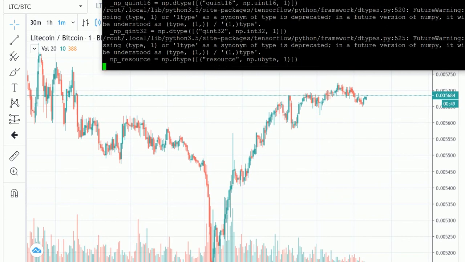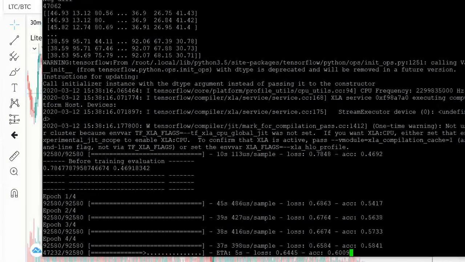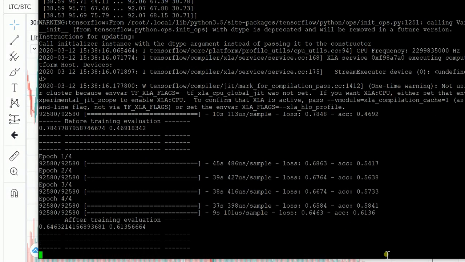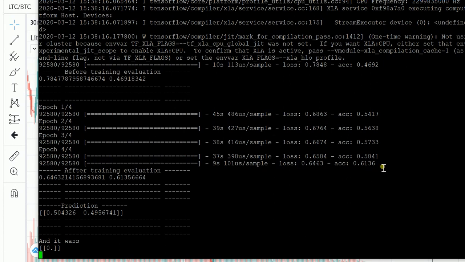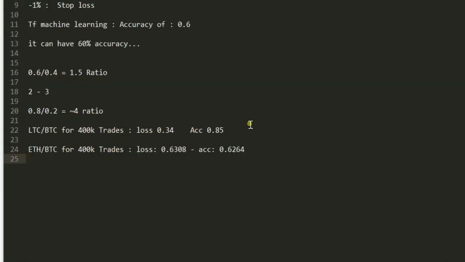The second one is predicting upwards. I'm waiting for the second model to load up, the second learning process, and it's right here. And the best accuracy for the next market was... I will shift it.